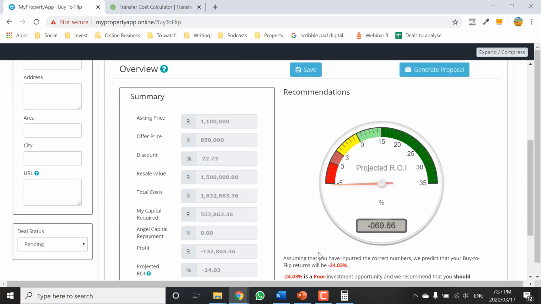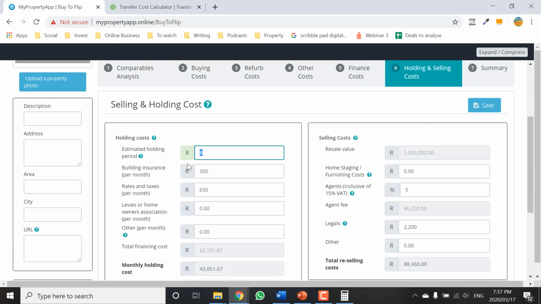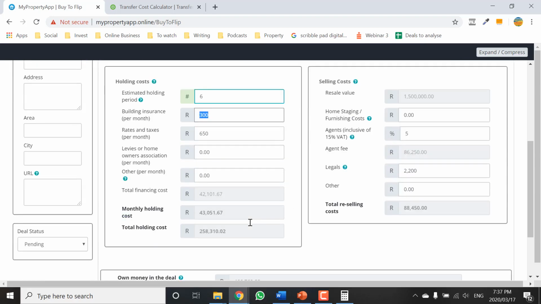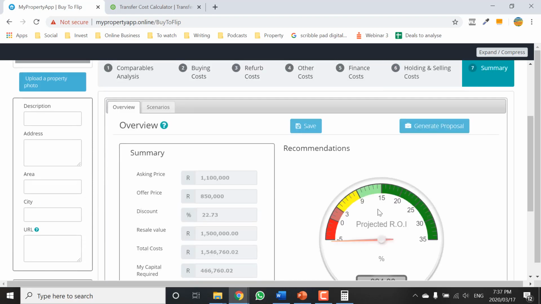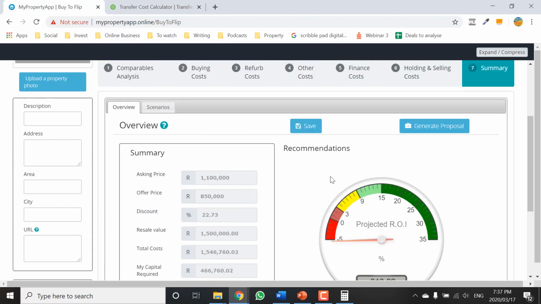Okay. Let's see here. So I'm trying to fiddle with it now to see if we can't make this deal work. But see, at best case, if you bring an investor on board, you're going to still lose 46,000 because the investor charges too much in terms of interest, which is going to kill your deal. Okay.